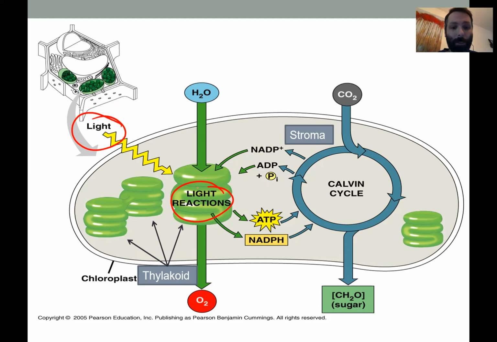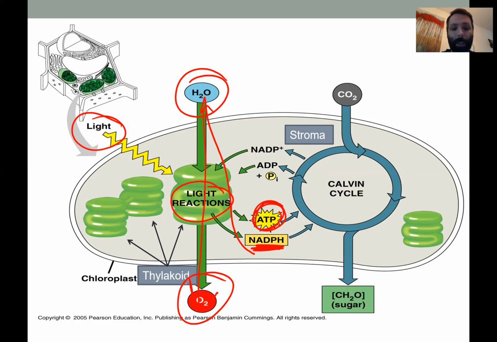This is where the chlorophyll is found, and the chlorophyll absorbs the light so that we can pass it through a bunch of reactions, the light reactions, and create ATP. We also want to harvest electrons in the form of NADPH. Those electrons have to come from somewhere, which is the water, right? So the water is going to give up its electrons, and in the process, we're going to make oxygen.